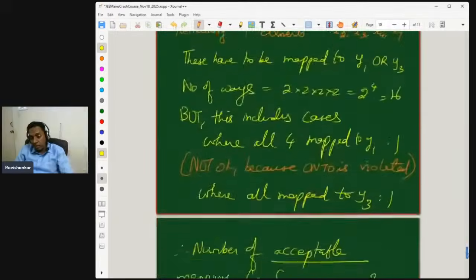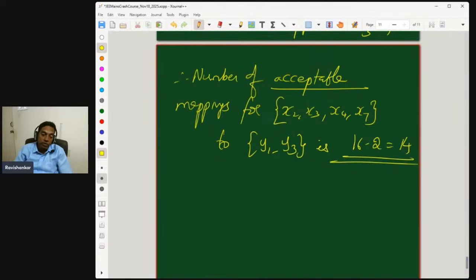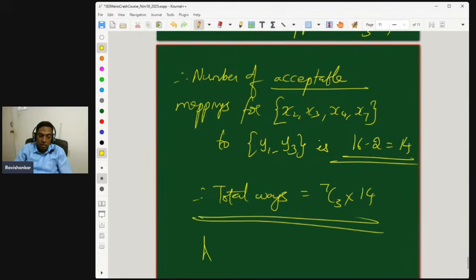So 7C3 ways of picking for y2 and 14 for the remaining. Therefore, total ways is 7C3 into 14, which is directly one of the options given in the questions. Option D is the right answer.